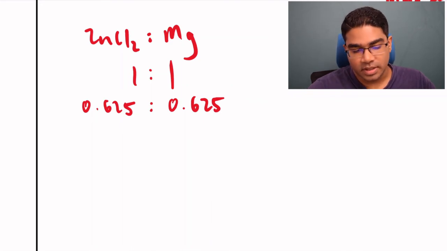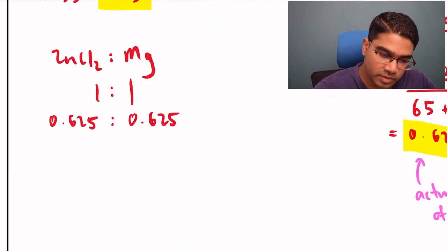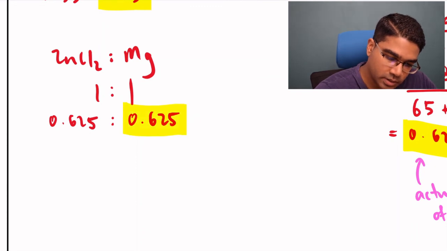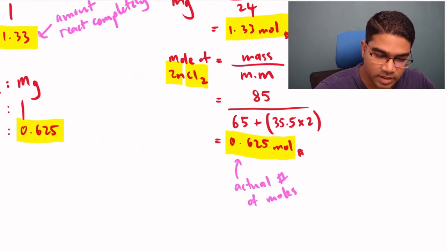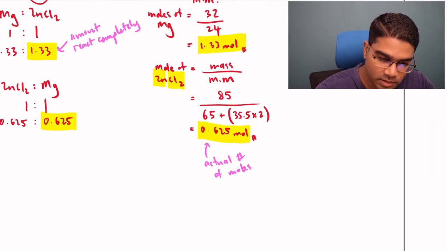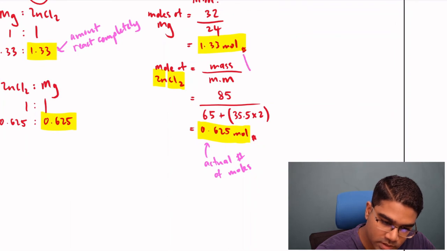So the amount of magnesium that would react completely is 0.625. However, the actual amount of magnesium that is there is here. This is the actual amount. Actual number of moles is 1.33.